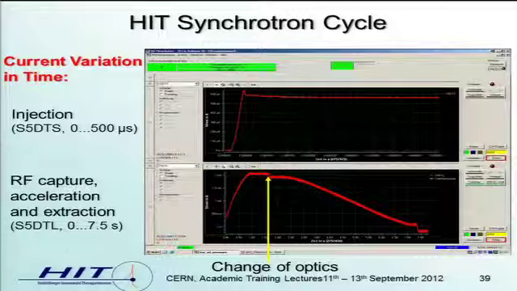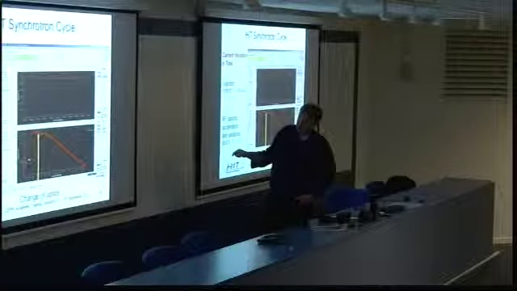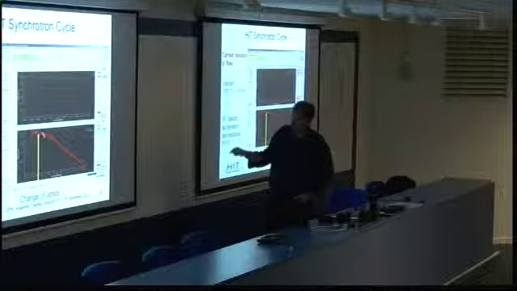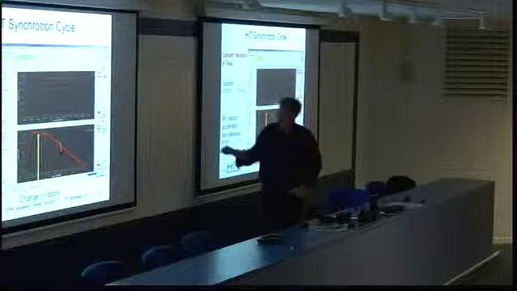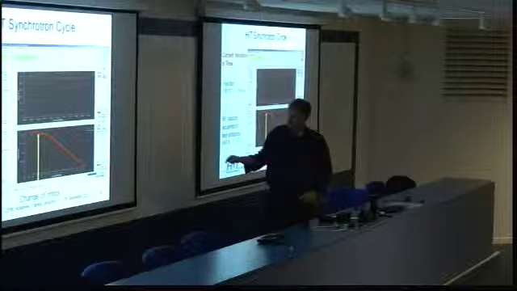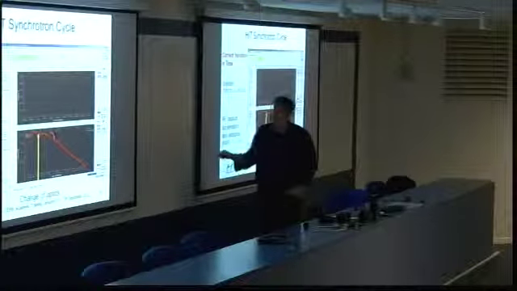After a short time, the RF capture and the acceleration start. We have a little bit of a beam loss here, then we have the acceleration. This is more or less an artifact because at that point we change the optics, and the DCCT is directly nearby a sextupole, and there's a little bit of influence.